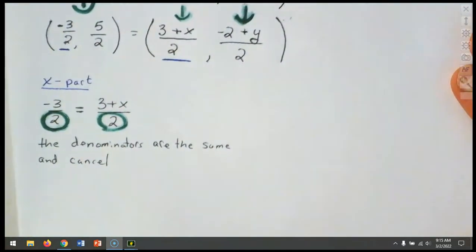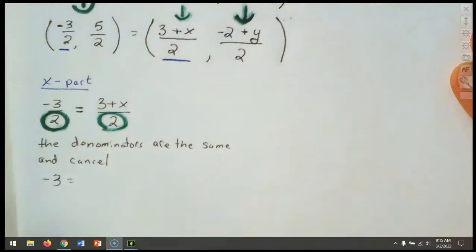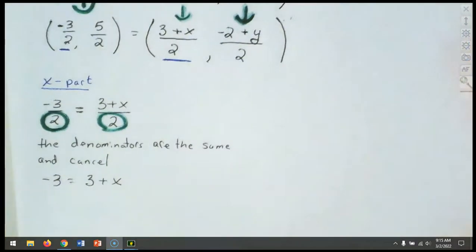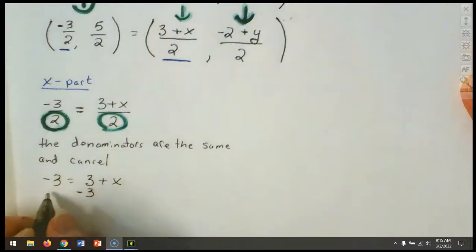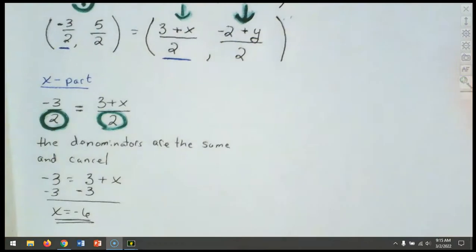So what does our equation then look like? Well, it looks like minus 3 equals 3 plus x. Because those denominators are the same, and they canceled out. Now we can finish it. So simply move that 3 over. And that leaves me then with x equaling a negative 6.